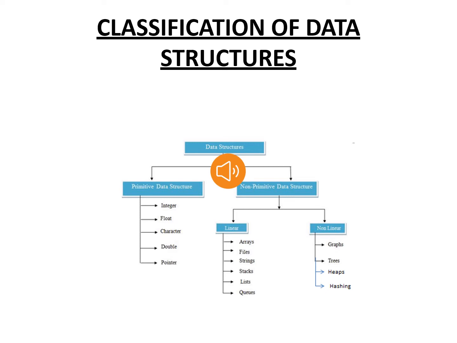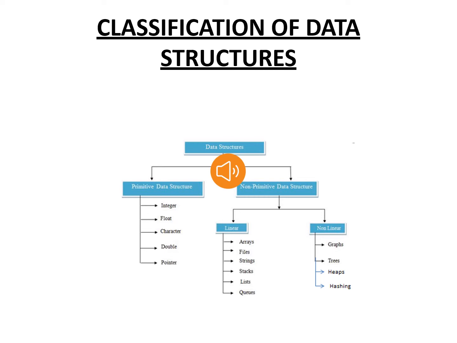The examples of linear data structures are arrays, which we already studied in the first year BTech in the C language subject, then files, strings, stacks, lists, queues. These data structures maintain a sequential manner. The data will be stored in sequential format. That's why these are examples of linear data structures.